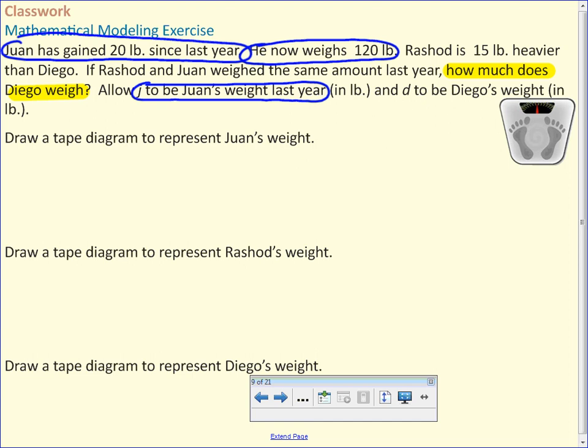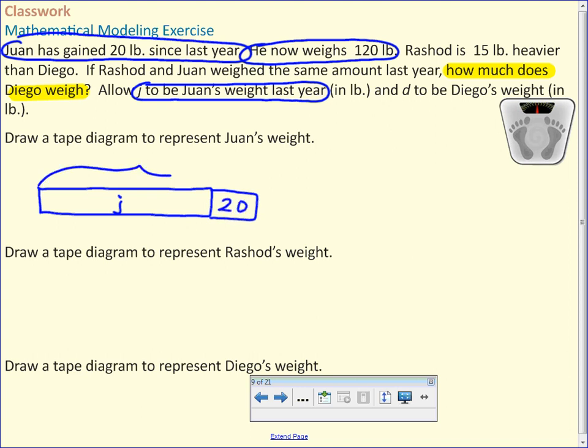For the top box. Okay. And then for the bottom box, split it into 20 and X. Well, we're not going to use X. So we know last year Juan's weight was J. Now this year, he added on another 20 pounds.